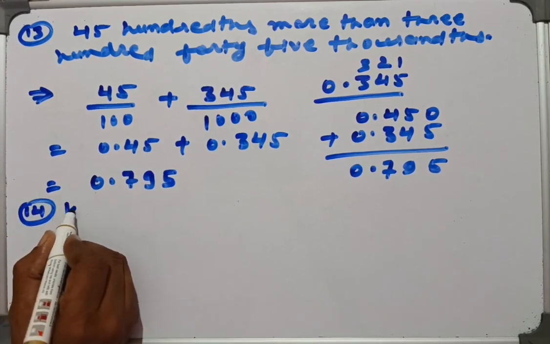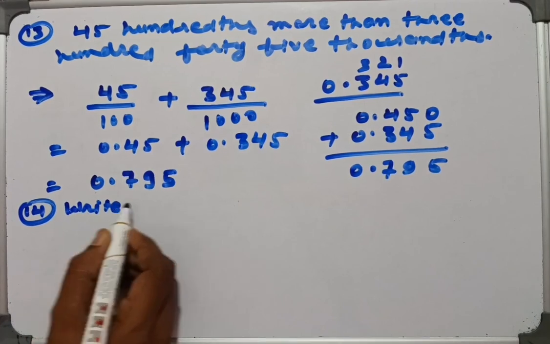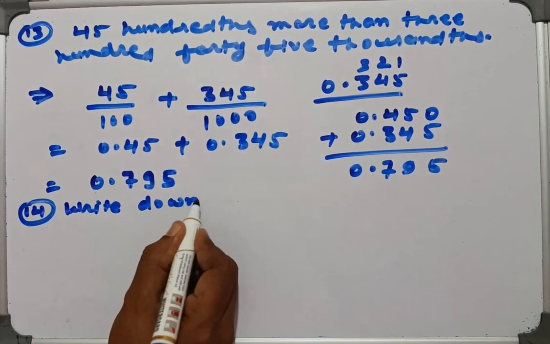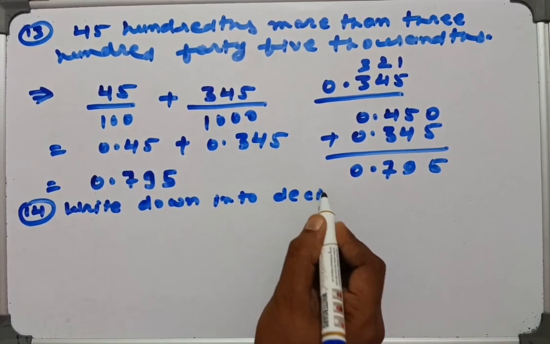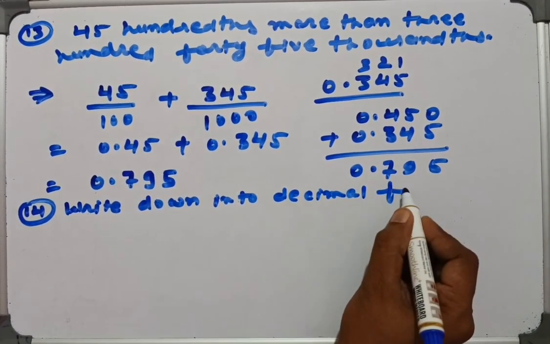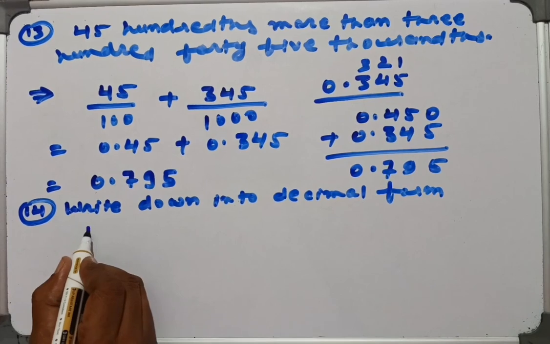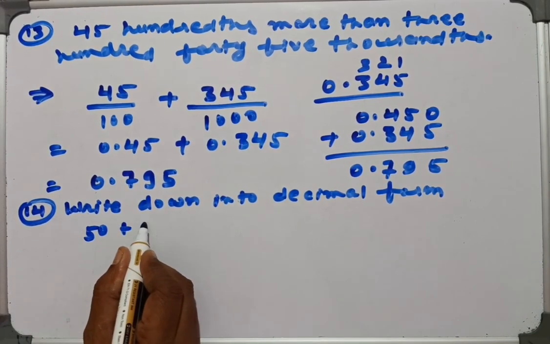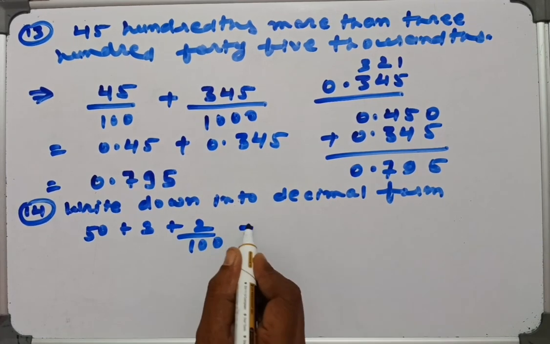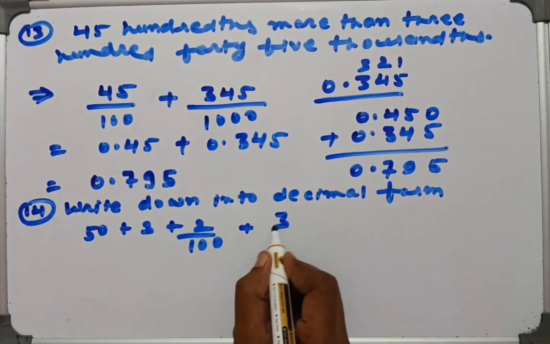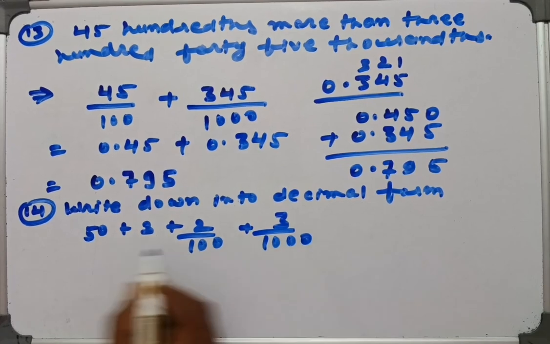Write down into decimal form. The question is 50 plus 3 plus 2 by 100 plus 3 by 1000.